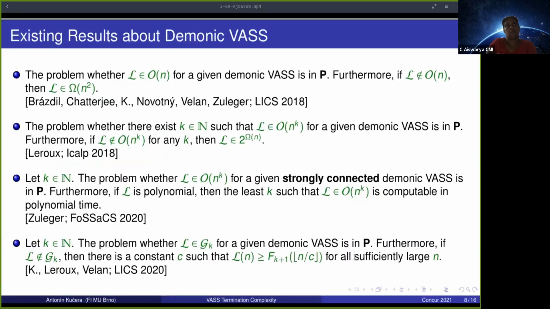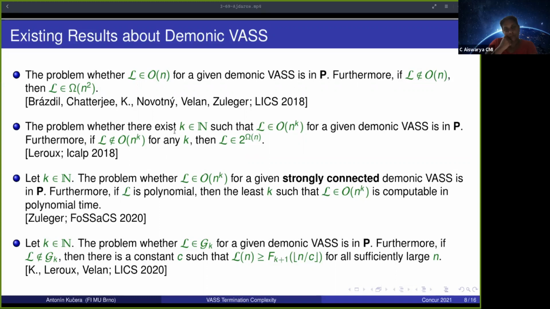Here we have a full summary of results that have been proven for the purely demonic class. First, the problem whether the termination complexity of a given demonic VAS is linear is solvable in polynomial time. And if the termination complexity is not linear, then it is at least quadratic.